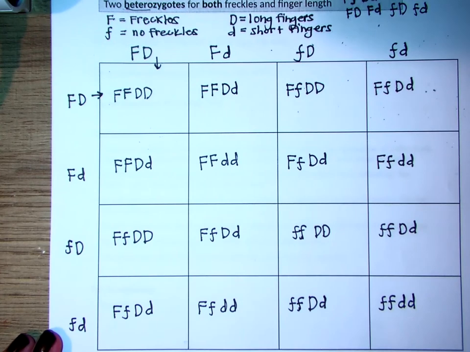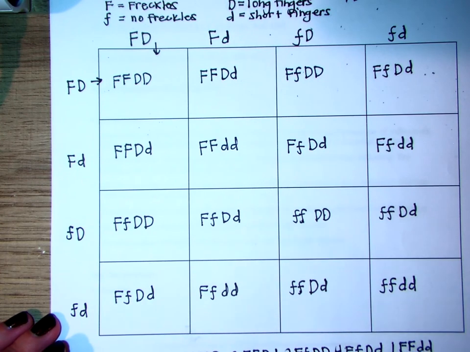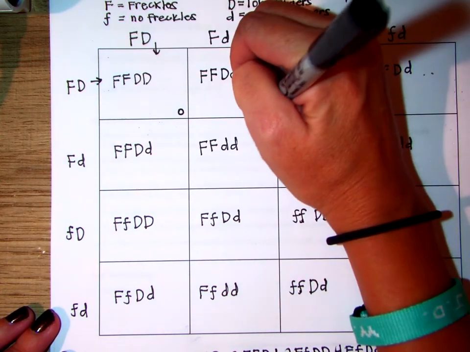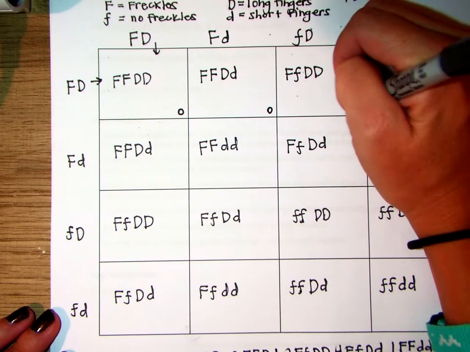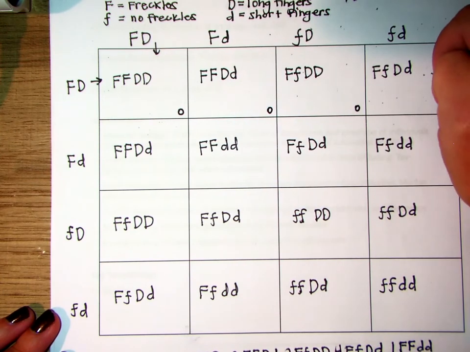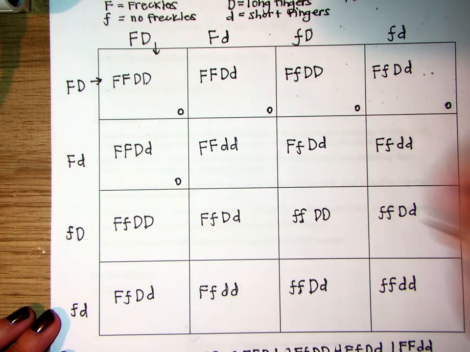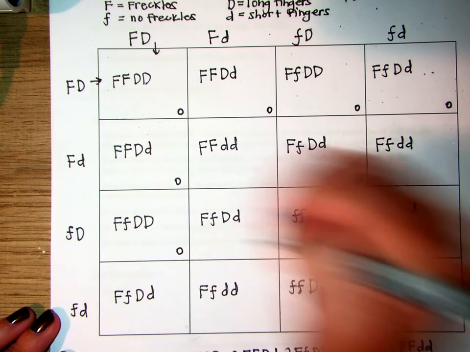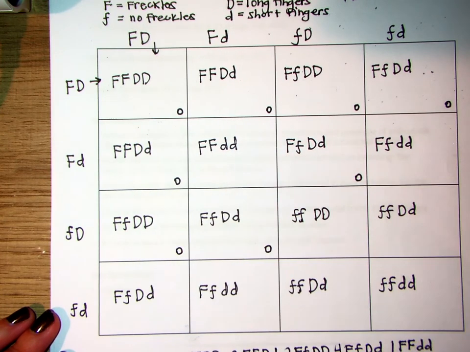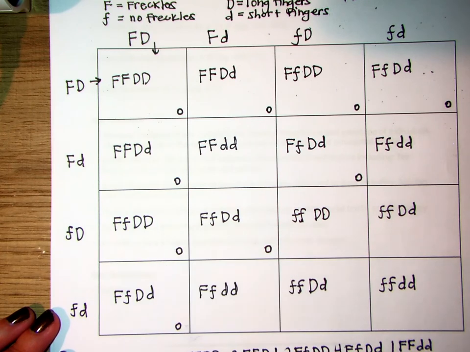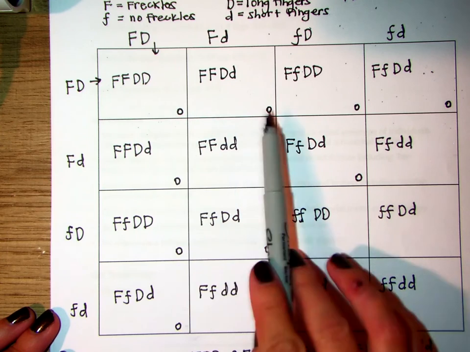You can mark them however you want, but anything that has a big F and a big D, I'm going to put a little circle here in the corner. Okay, so all of these on the top row did. All right, so let's count up our circles. We have 1, 2, 3, 4, 5, 6, 7, 8, 9.